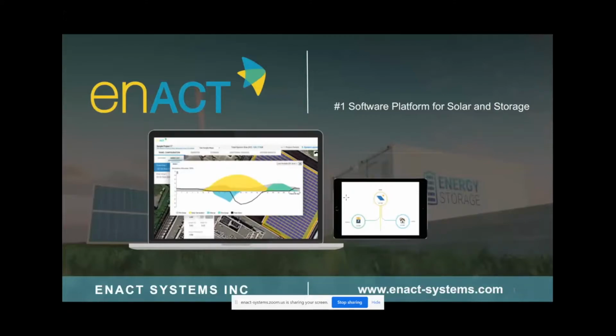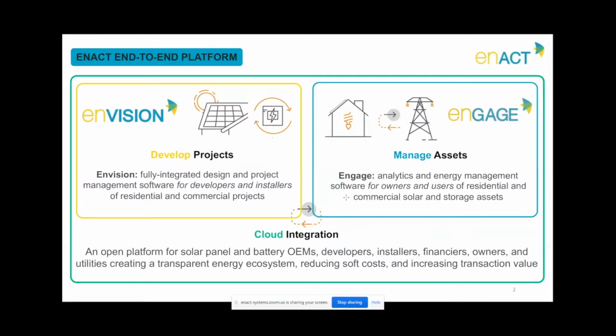So Enact and Envision is the #1 solar software and storage platform. It's an end-to-end platform, right from designing the project to managing the assets. Right from where you can get onto a site survey, you can visualize how the solar PV system will look on the roof.